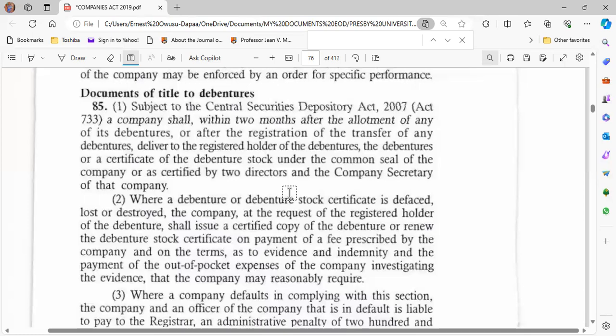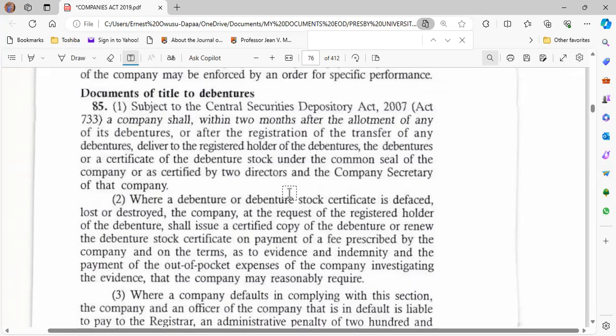Now, this is pertinent because a company is an artificial legal person. The officers may change every now and again. So therefore, if you had previously given a loan to the company in the form of debentures, as we have explained, you need to have proper evidence which you can rely on to assert a claim against the company with respect to the debenture.